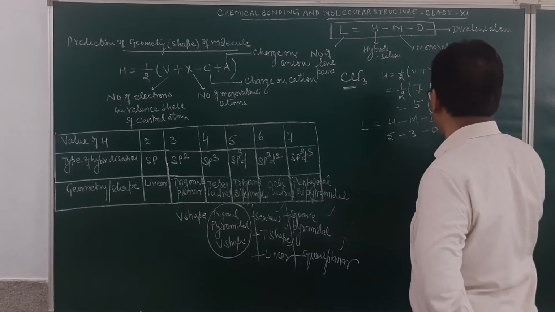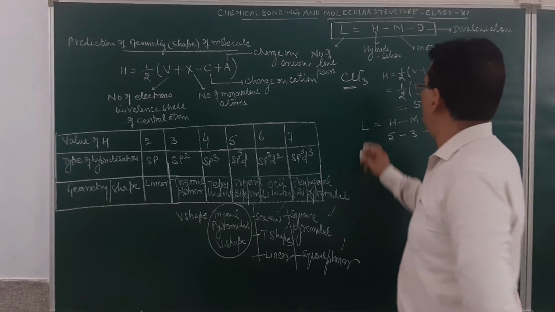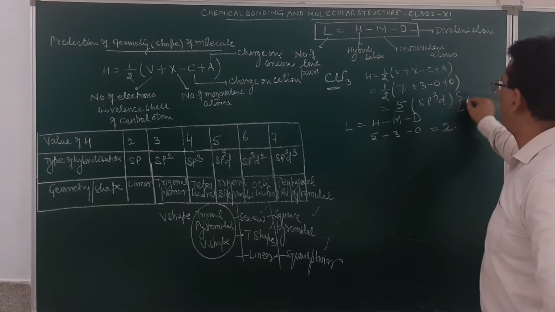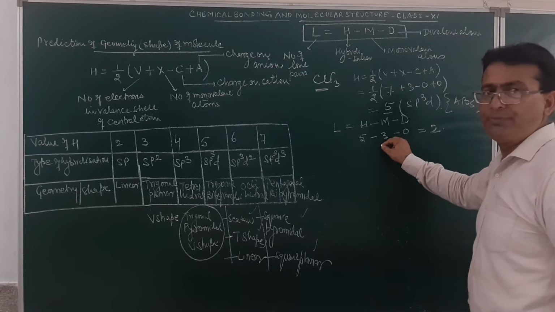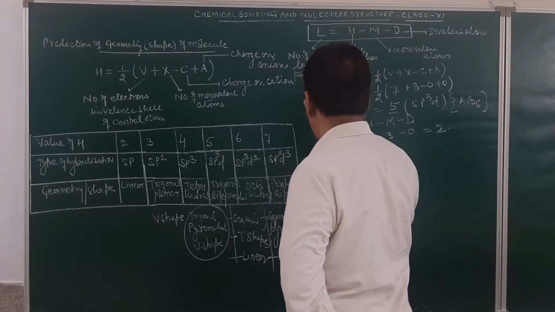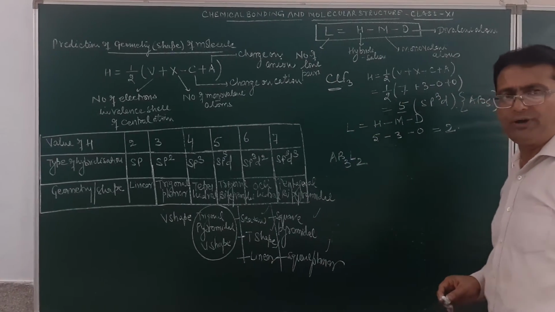So how many lone pairs are coming? 2. Fine. So when I say 5, it is a type of AB5 molecule. When it contains 2 lone pairs, the molecule becomes of the type AB3L2, meaning 3 bond pairs and 2 lone pairs of electrons.